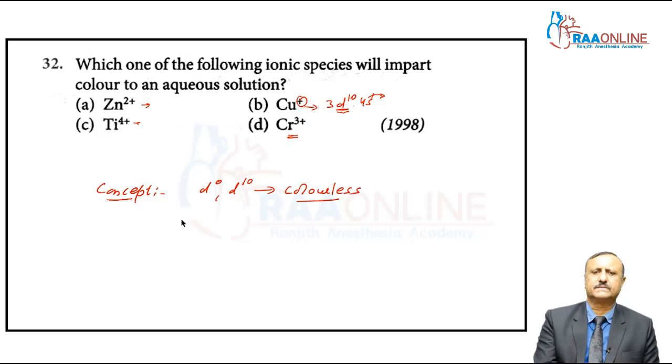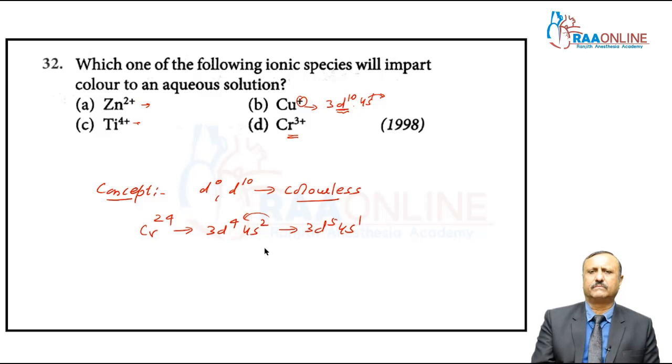That's why perhaps you get the answer chromium. First of all, you can see the atomic number of chromium is 24, 3d4 4s2, and an electron goes to the d orbitals, that's why it is 3d5 4s1.